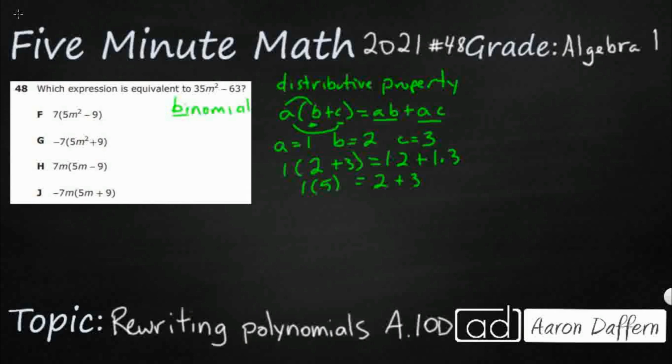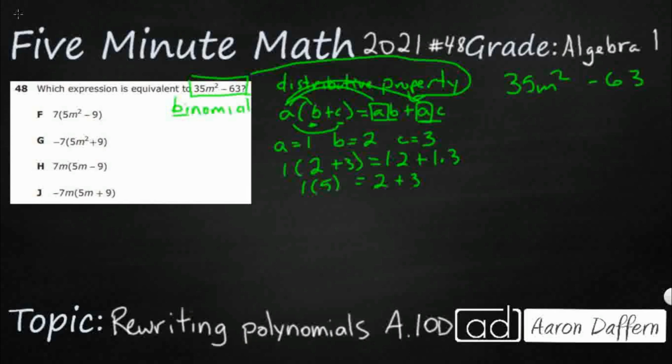So take a look at this 35m squared minus 63. Instead of having distributed out, this is actually the second part. So what we're looking for is an a: a common factor that we could take out and just leave the b and c. Now there's two things happening here.